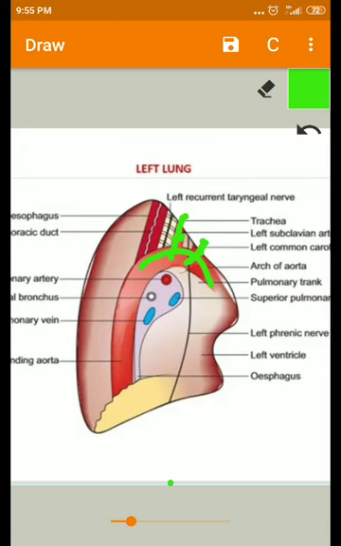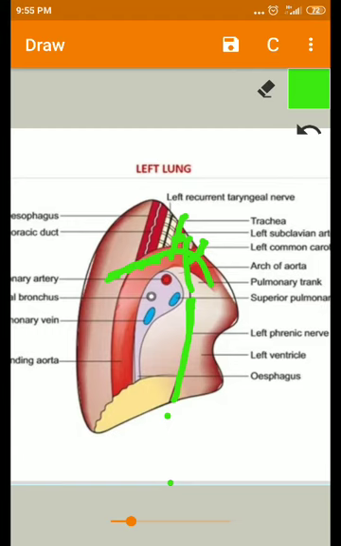In between these two branches, one nerve is coming down in front of the root of the lung or hilum. That nerve is called the left phrenic nerve, and in the same route, passing from anterior to posterior, is the left vagus nerve.